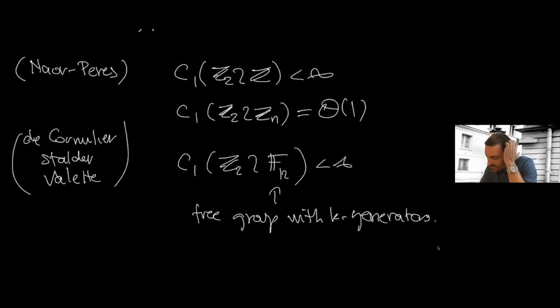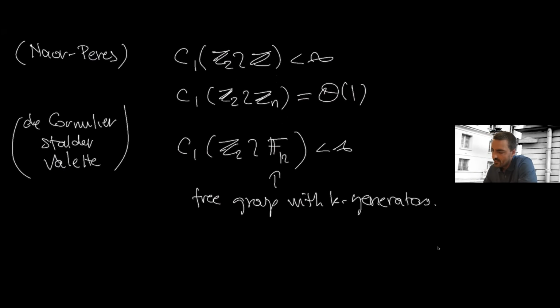This result is a byproduct of a study of proper isometric actions of groups into Banach spaces, but you can get this from their work. So what do these groups have in common?